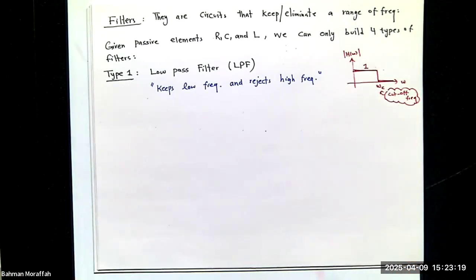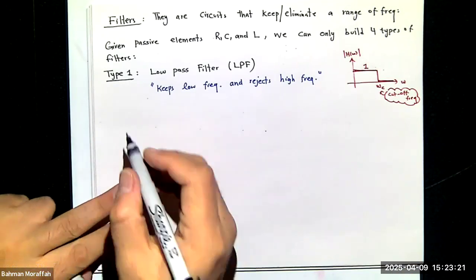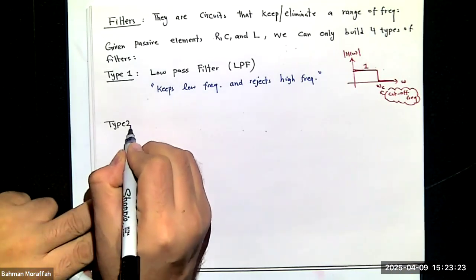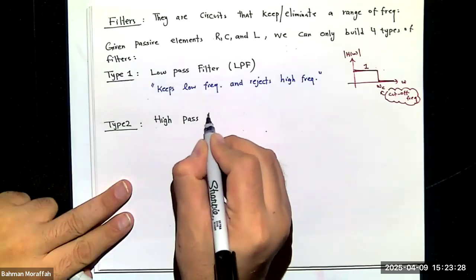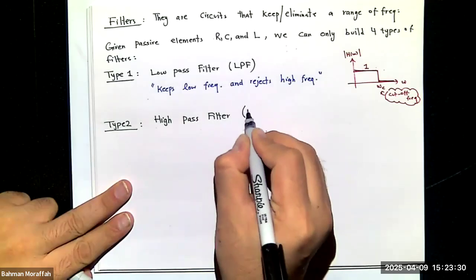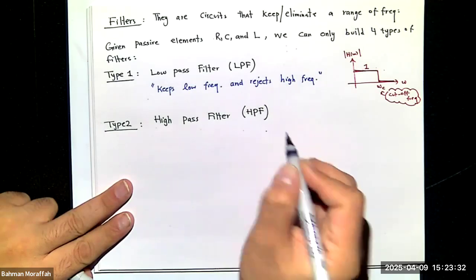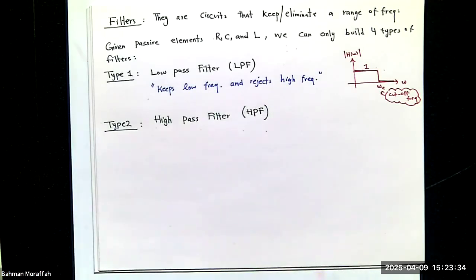Right? Type 2. We have the high pass filter. Again, as the name suggests, it rejects all low frequencies and keeps high frequencies. Right?